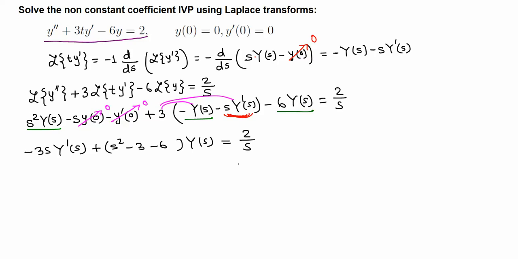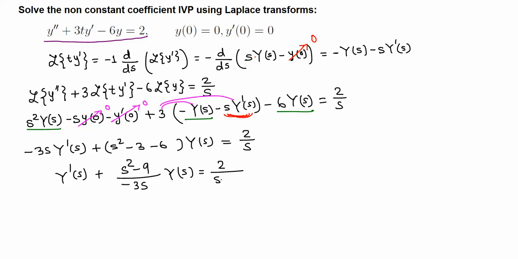Now this is a first order linear differential equation in Y. Uppercase Y is the Laplace of lowercase y with respect to the independent variable s. Now we divide by negative 3s, then we get Y prime(s) plus s squared minus 9, divided by negative 3s, times Y(s), equals 2 over s divided by negative 3s.